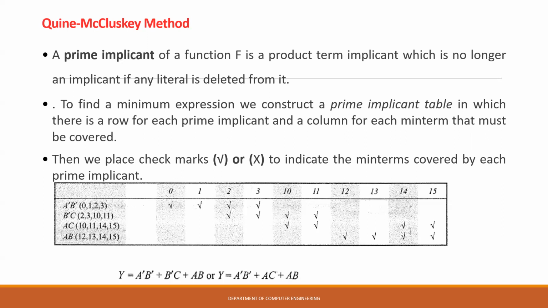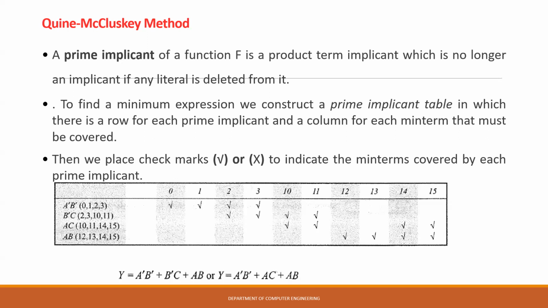That's why we have to consider A dash, B dash, as there is no repetition. Similarly, B dash C is present, and B dash C dash, we have to consider. We don't consider B dash C because it is repeating in each group, so we skip this B dash C.